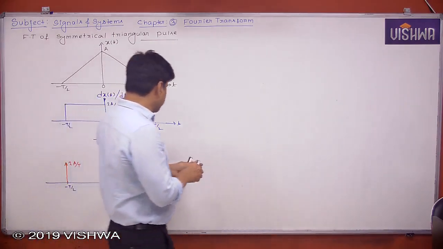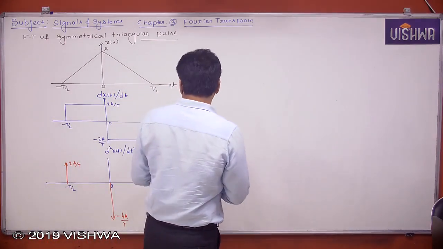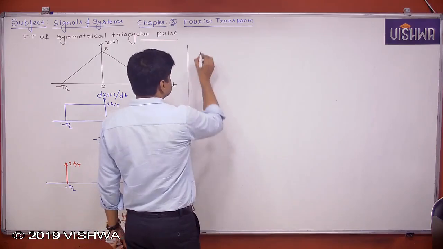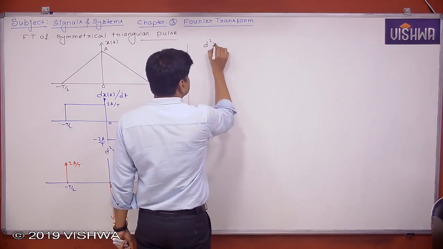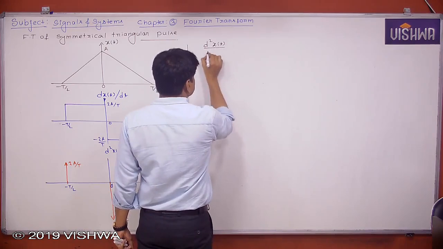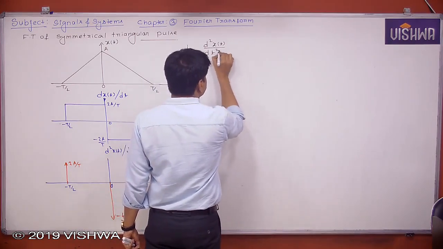So I can write d square x of t by dt square in the form of impulse functions.